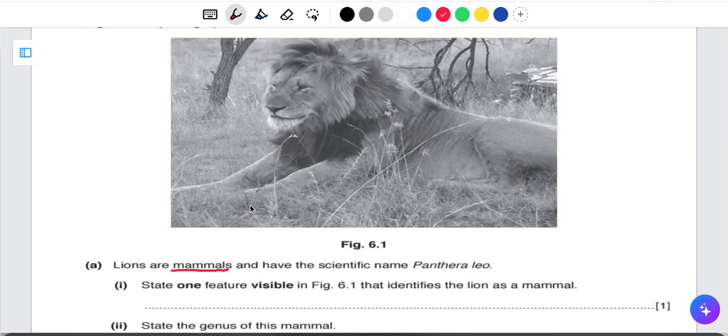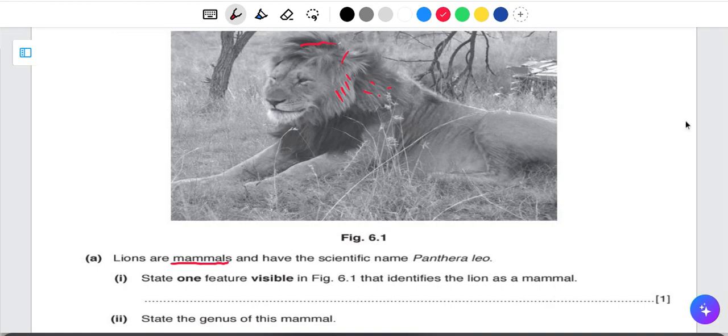So even the lion, as you can see, these are furs. These ones that you can see here. Okay, they are furs or hair. So those are the ones which are visible that we can use on this diagram here. So you can just say the fur or the hair are the ones which are visible.